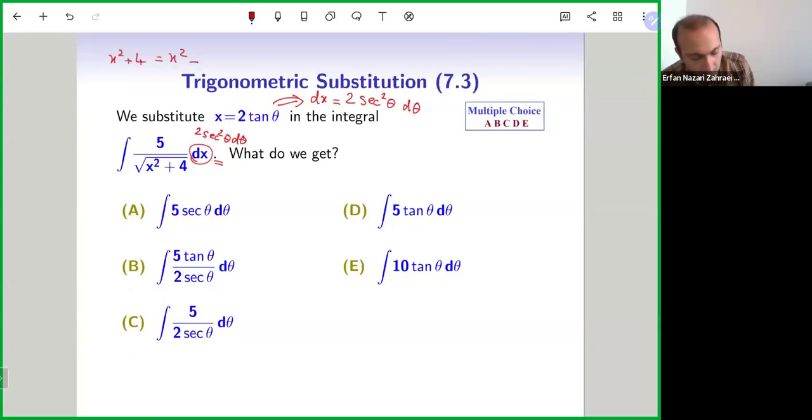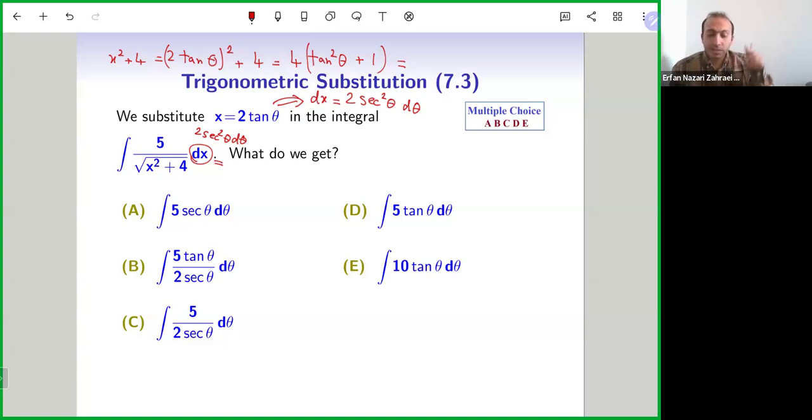So I'm replacing x with 2 tangent theta. So that is 2 tangent theta squared plus 4, which is 4 tangent squared theta plus 4. If you factor this 4, you get tangent squared plus 1.